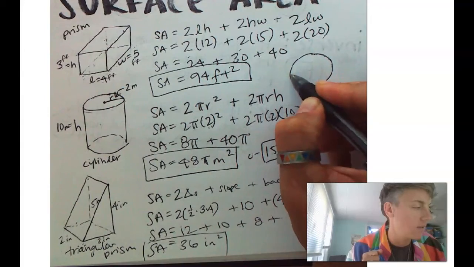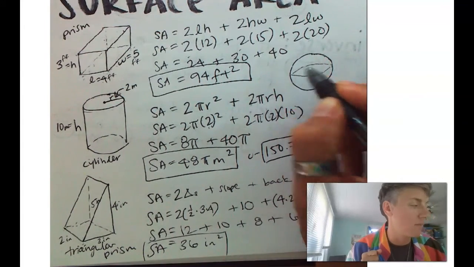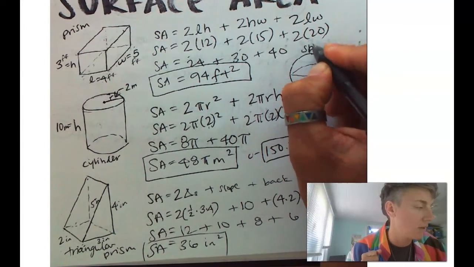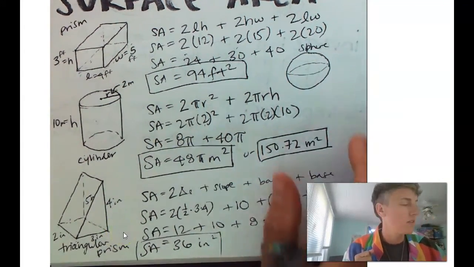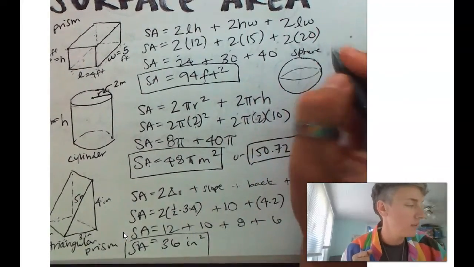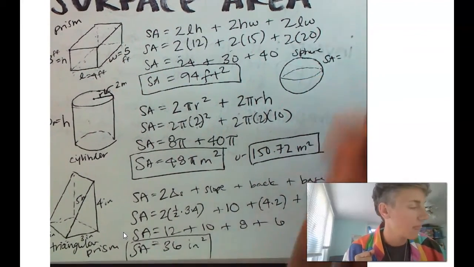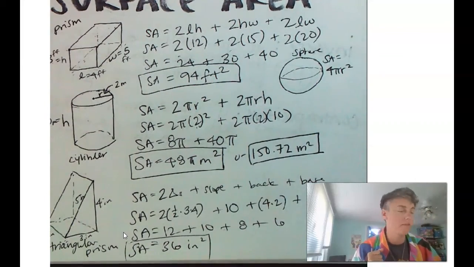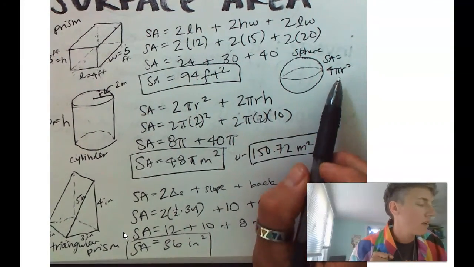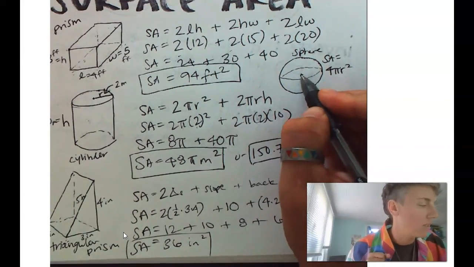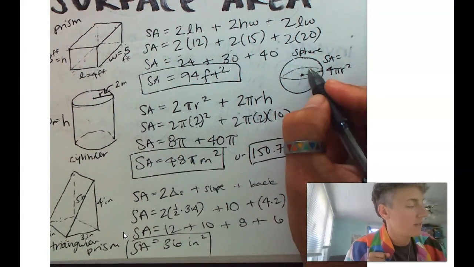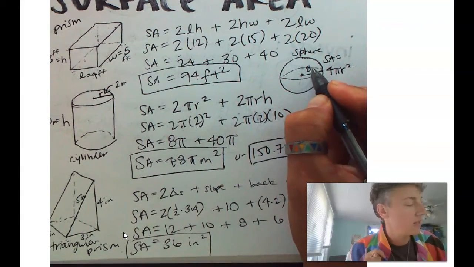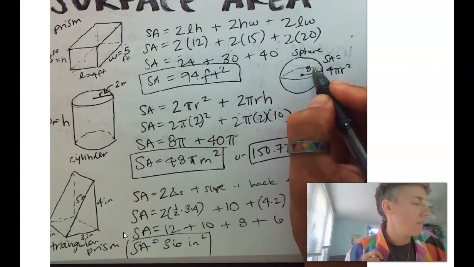This is, of course, the mighty sphere. The surface area of the sphere is 4 pi r squared. That r stands for the radius, so let's call this guy 8 meters.